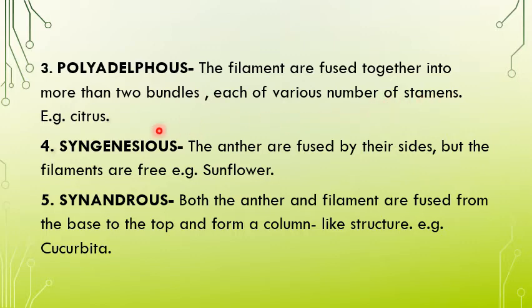The example is citrus. Then syngenesious: the anthers are fused by their sides, but the filaments are free, that is sunflower. Synandrous: both the anther and filament are fused from the base to the top and form a column-like structure, for example Cucurbita.